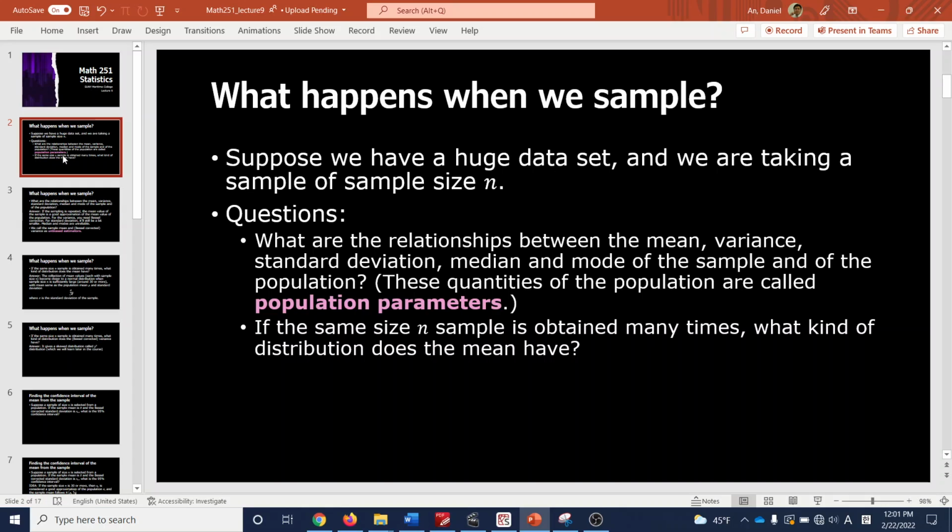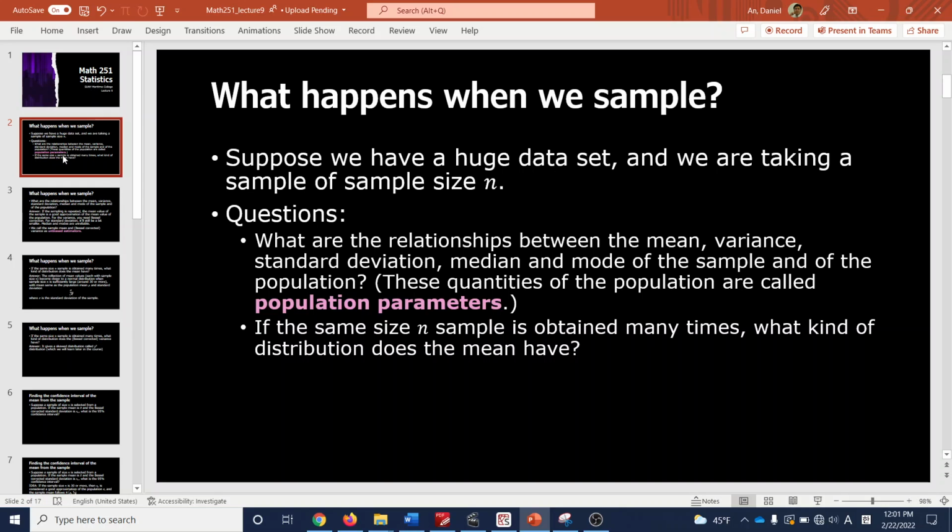Then there are the things that you want to know from the population. You want to know the population mean, variance, standard deviation, the median and mode of the population. And the question is, does it have any relationship with the sample's mean, variance, standard deviation, median, and mode?